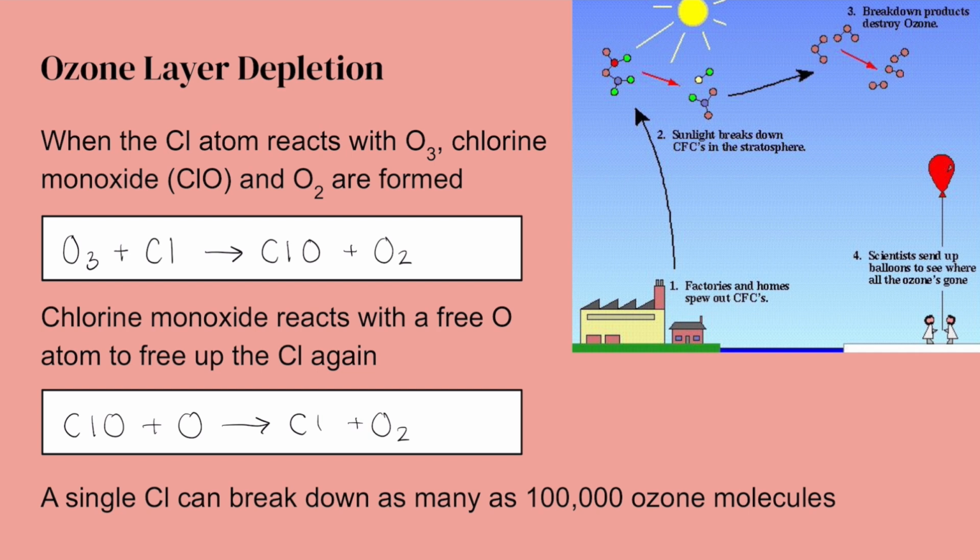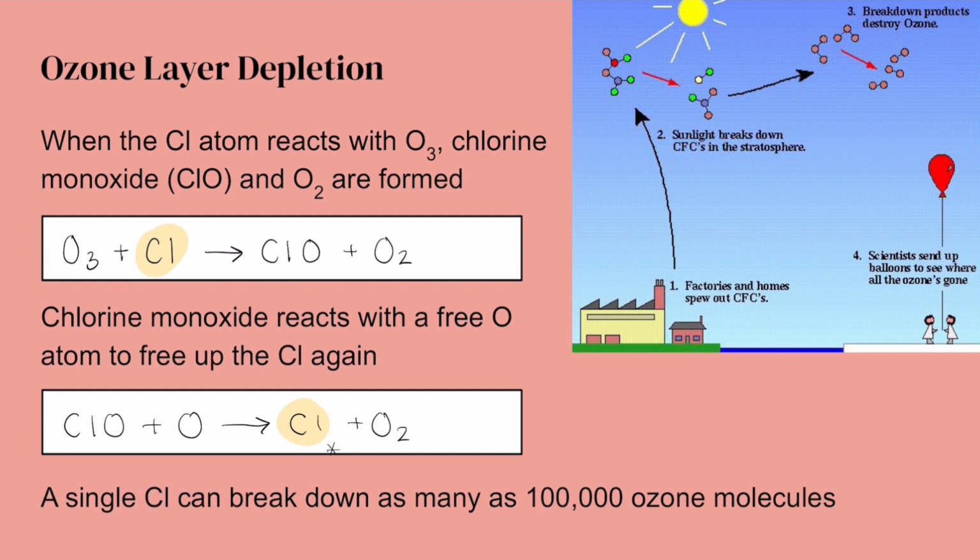We can see that we are beginning with a free chlorine atom and we're ending with a free chlorine atom. So it's kind of just acting like a catalyst in order to break up that ozone. What this means is once it's released again, this chlorine atom can go back up here, grab another ozone molecule, and break it apart again.